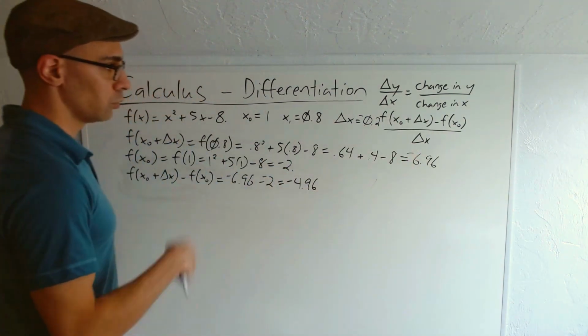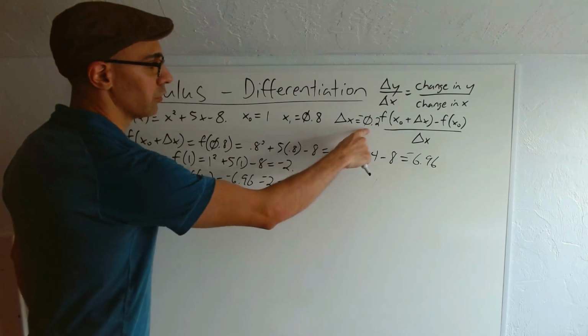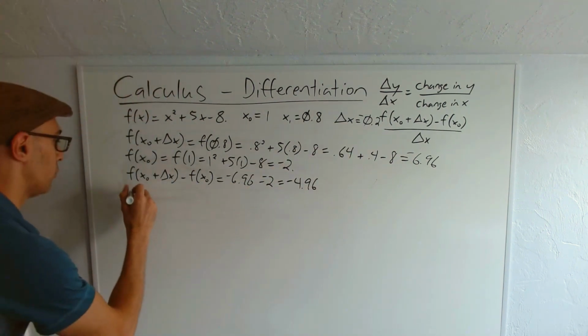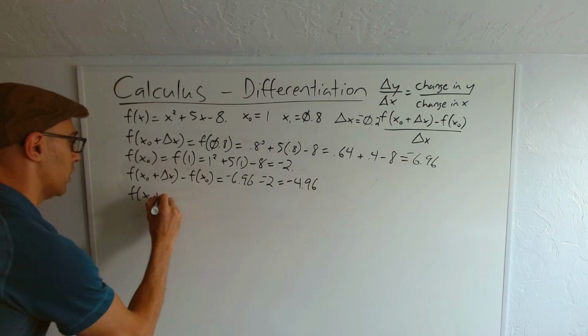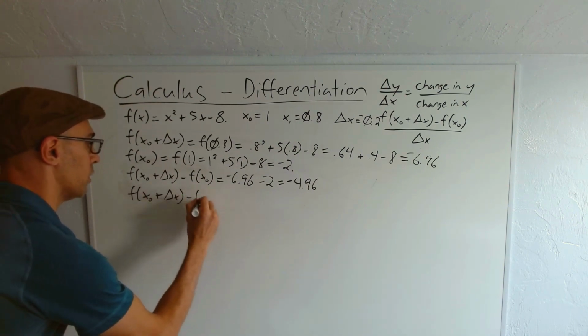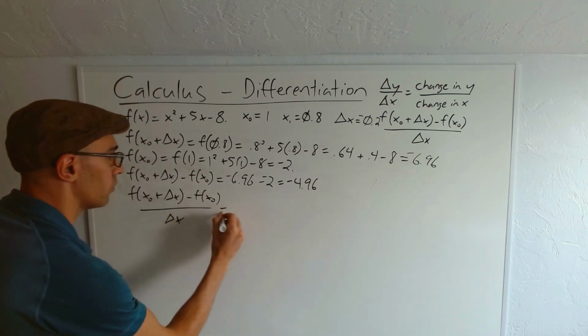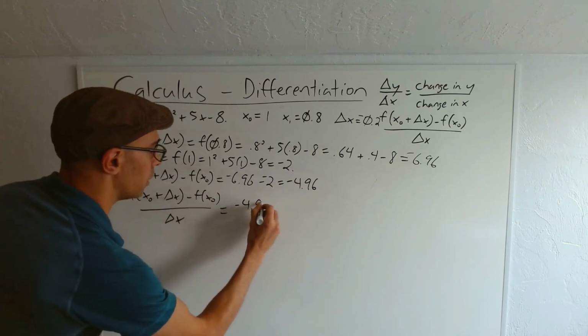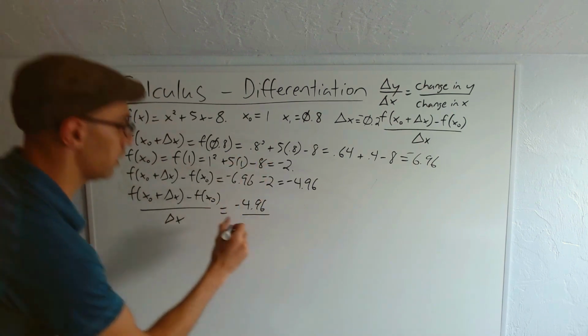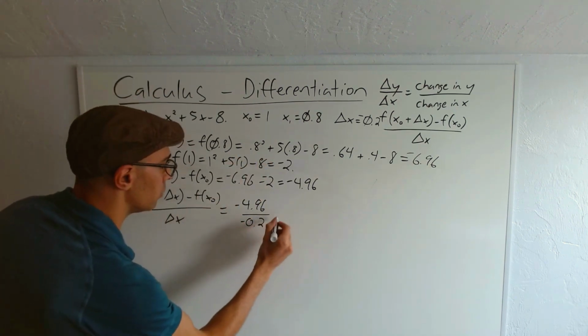And delta x, we already figured out was negative 0.2. So we have f of x naught plus delta x minus f of x naught divided by delta x is this, negative 4.96, divided by negative 0.2.